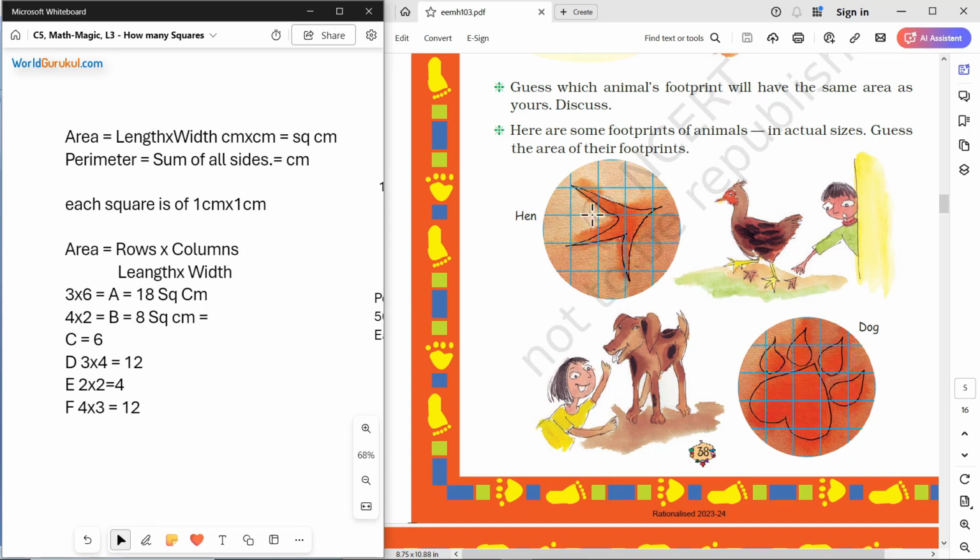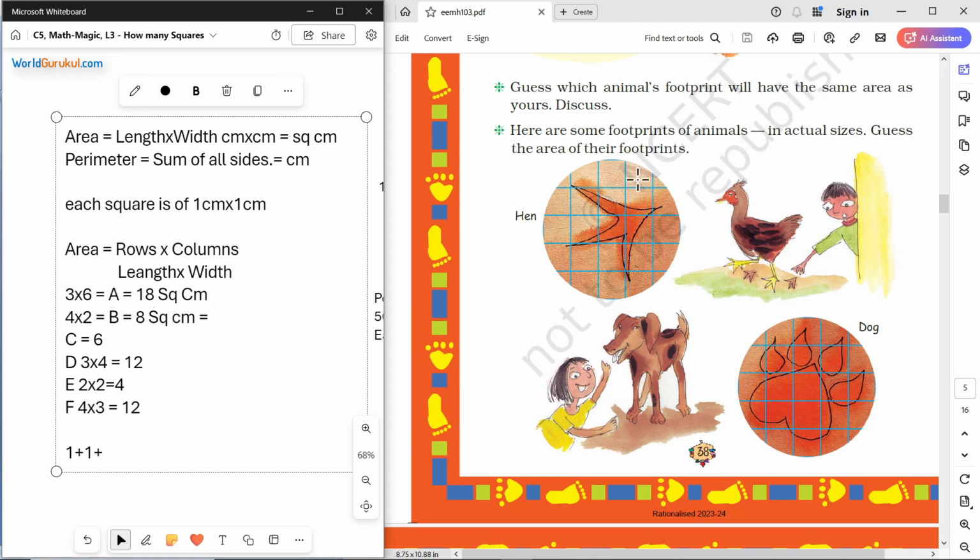Column 1, column 2, you count them as 0. And coming to column 3, here you have this foot, and it is occupying more than 50%, so count this as 1. And the next square is also more than 50%, count as another 1. And coming to the bottom, that's negligible, count as 0 and 0.